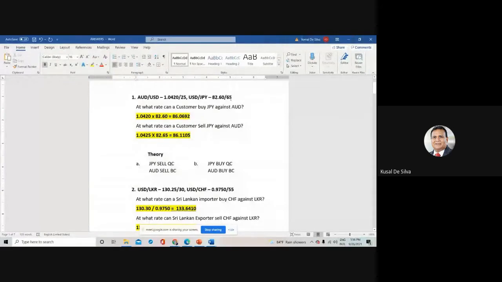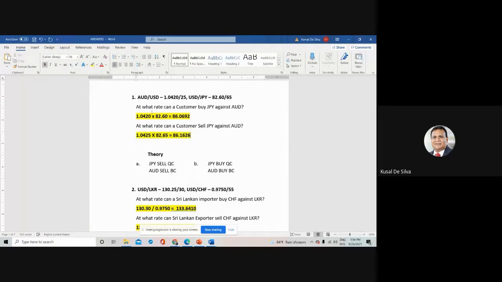Against AUD, the customer sells the quoted currency, the bank buys, and the bank will sell AUD at this rate. Then what is the amount? 86, 0.1626. This is the rate. So this should be the theory.